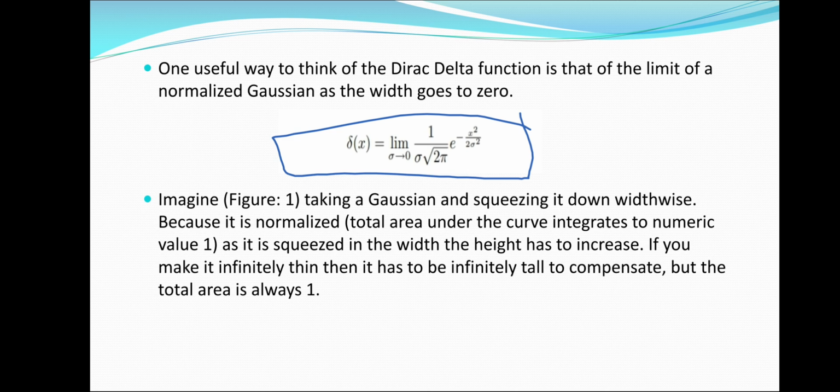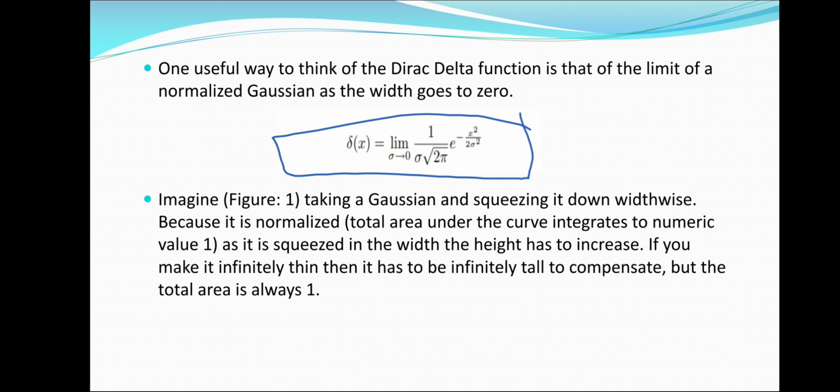Here we are considering a Gaussian surface and squeezing it down widthwise, which means we are decreasing its width. Because it is normalized, the total area under the curve integrates to the numerical value 1, which means that even as the width decreases, the integral of that curve is equal to 1 according to the Dirac delta function. As it is squeezed in width, the height has to increase.